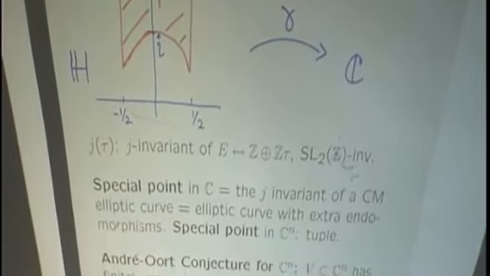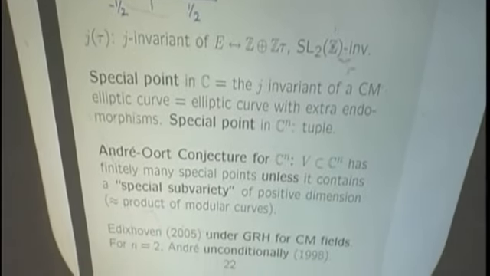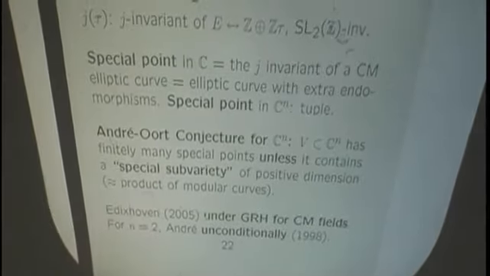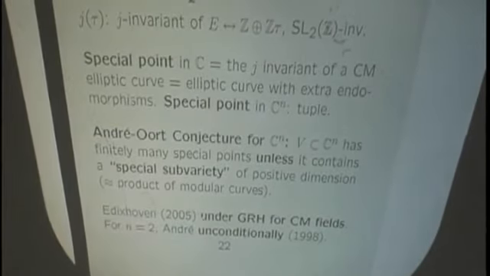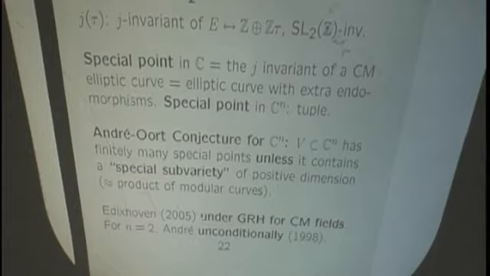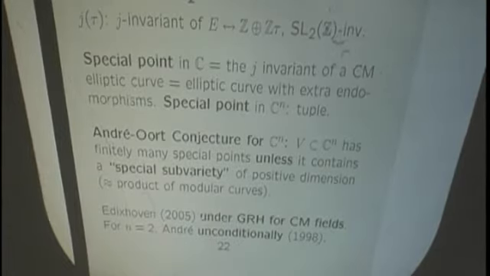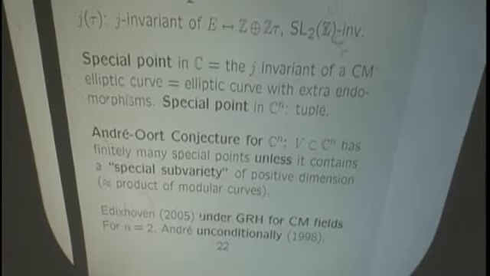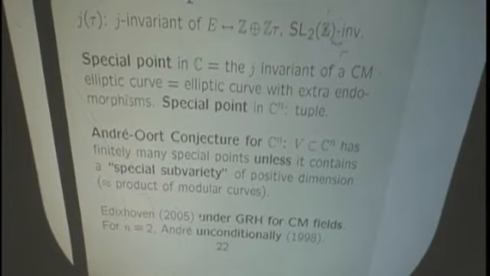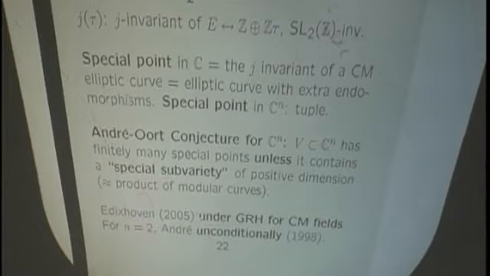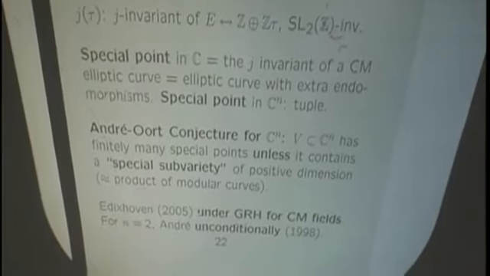The special points in C are the j-invariants of elliptic curves with complex multiplication. So they're curves that have more than the usual endomorphisms. And in C^n, a special point is an n-tuple of such points. So it's a tuple of j-invariants of CM elliptic curves. And in this case, the André-Oort conjecture says a subvariety of C^n has only finitely many special points unless it contains a special subvariety of positive dimension.